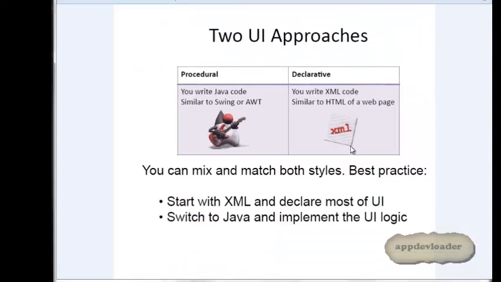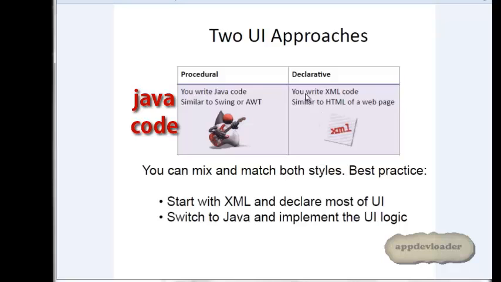There are two approaches we can use in creating our UI, our user interface. We can use the declarative approach and the procedural approach. The declarative approach is more of the XML code, and the procedural approach is the Java code.